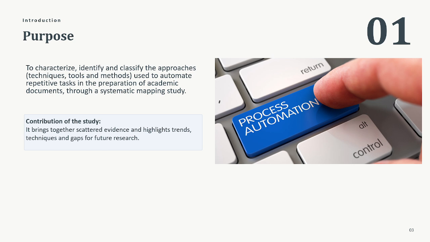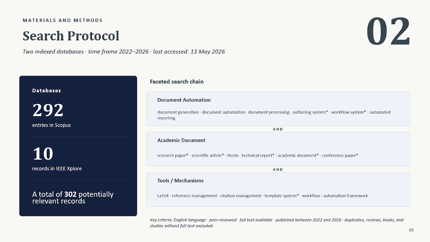open for future investigation. For our search protocol, we queried 2 index databases, Scopus and IEEE Explore, covering publications from 2022 to 2026. This retrieved 292 records from Scopus and 10 from IEEE Explore, totaling 302 potentially relevant records.